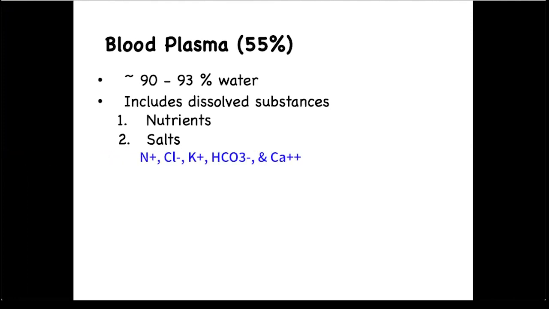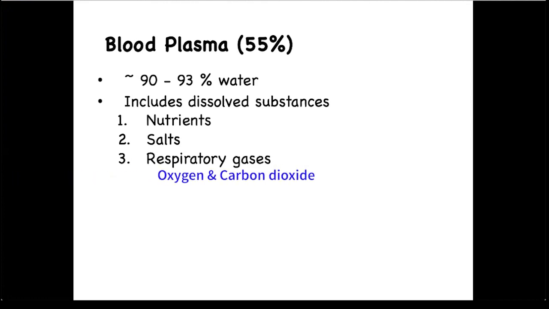A second substance are your salts. These are electrolytes. Remember, electrolytes are charged ions or atoms, and they're going to include sodium, chloride, potassium, bicarbonate, to name a few. The third group of substances are your respiratory gases, and these include oxygen and carbon dioxide.